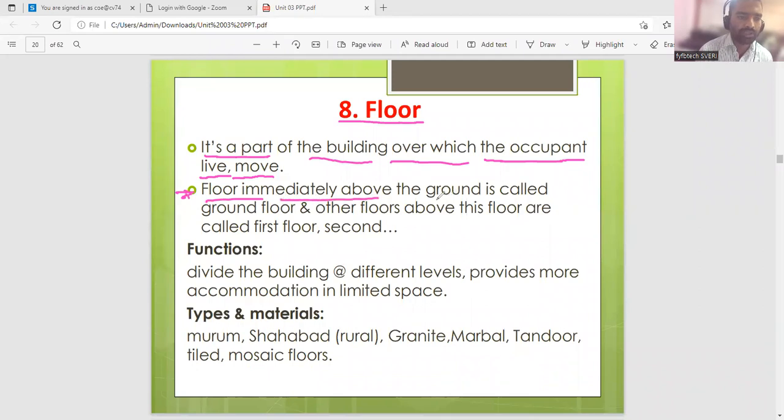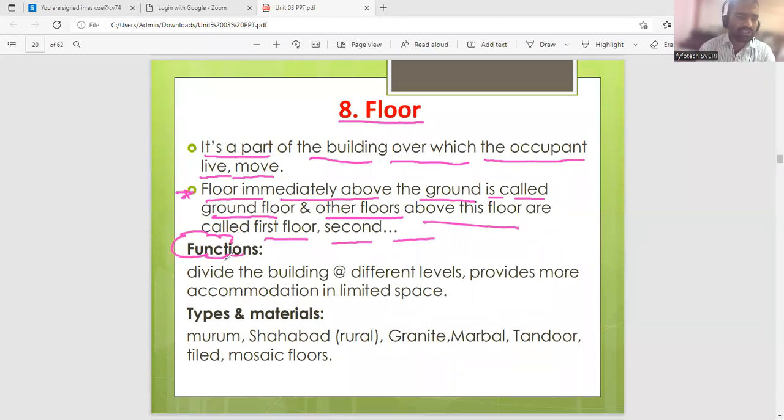The floor immediately above the ground is called as ground floor. Other floors above this floor are called as first floor, second floor, etc.